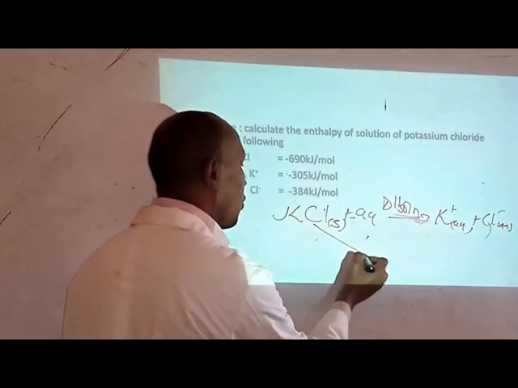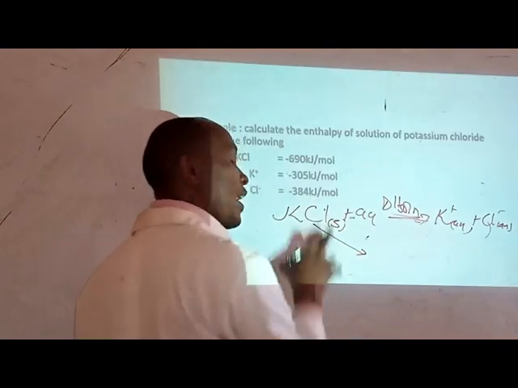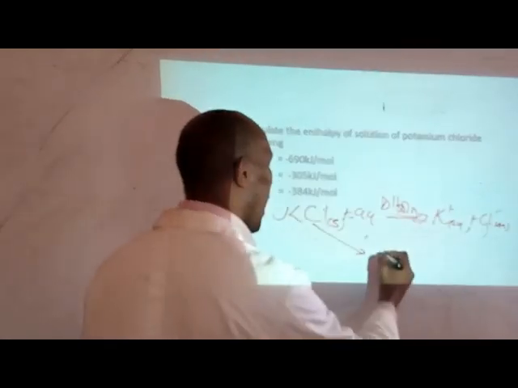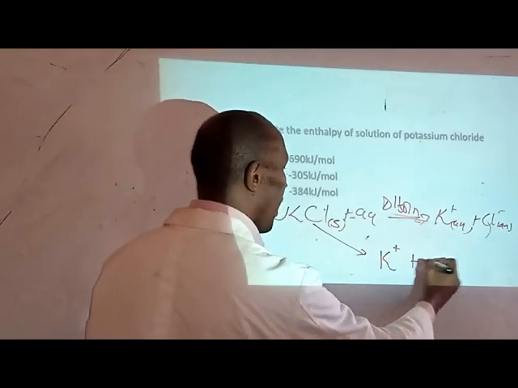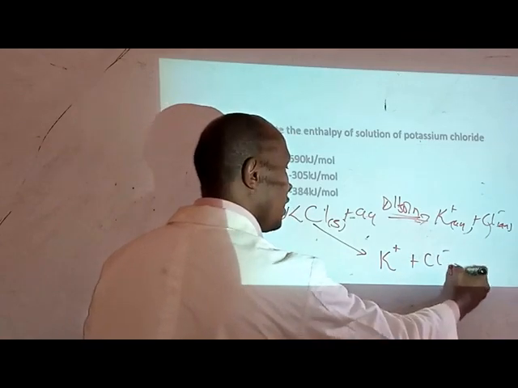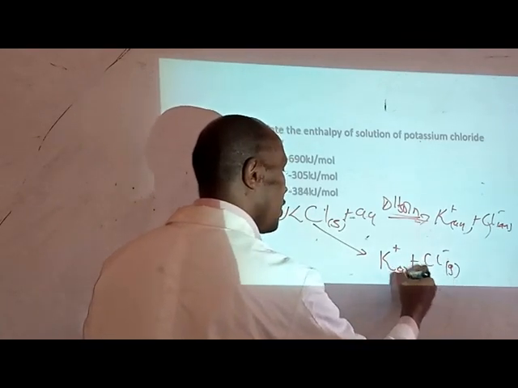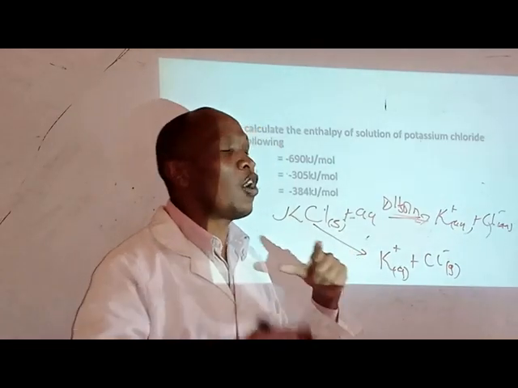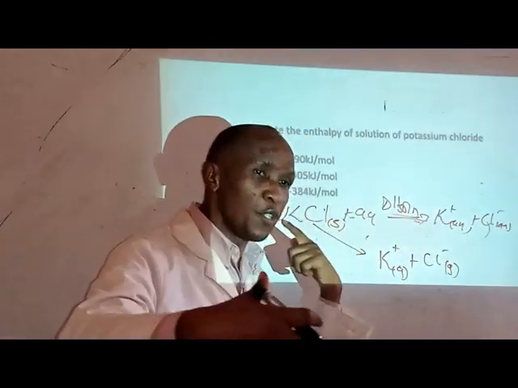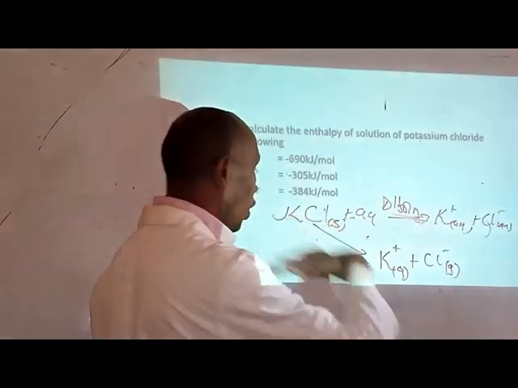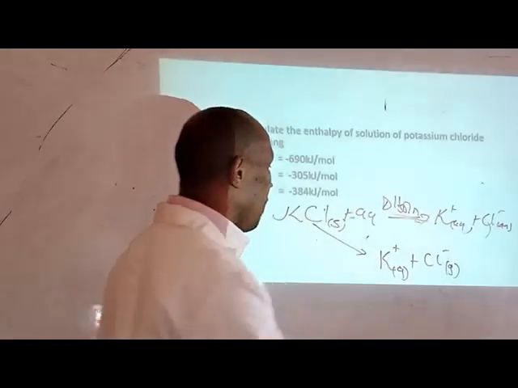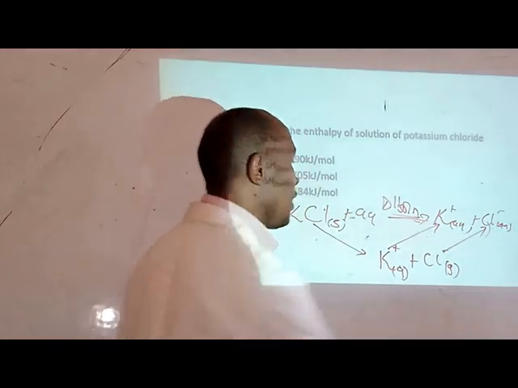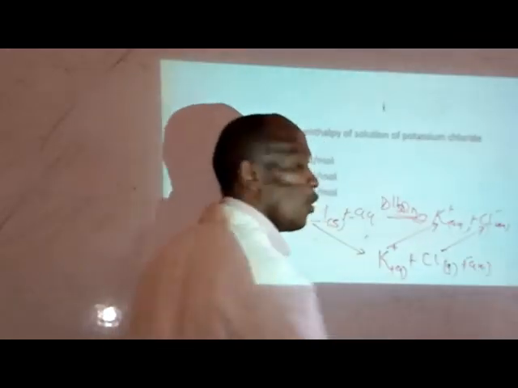Alternatively, I could first break the potassium chloride into constituent gaseous ions, that is potassium ions plus chloride ions in gaseous state. So what is this? That is lattice energy, of course the opposite of lattice energy. Then after that, I can go on to have these interacting with water.